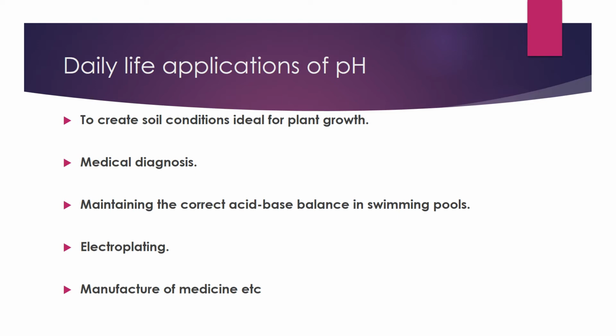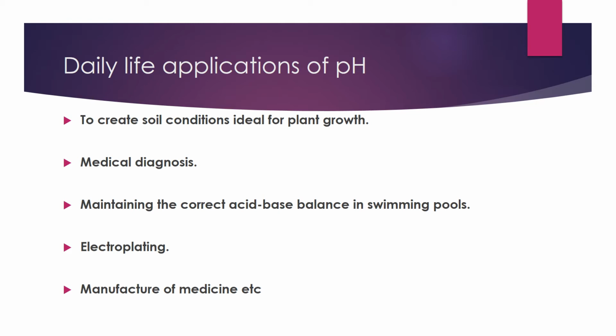In medical diagnosis, pH has its application, and also in maintaining the correct acid-base balance in swimming pools. In swimming pools, mostly the pH range is from 7.2 to 7.6. What happens if the pH is below 7.2 or more than 7.6?